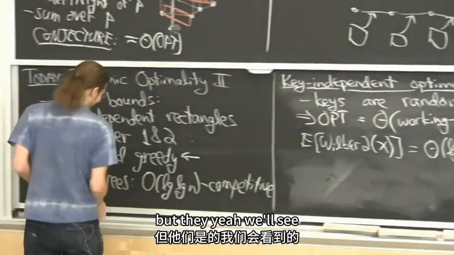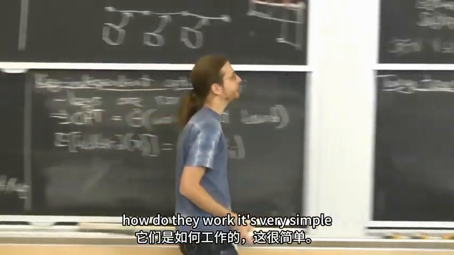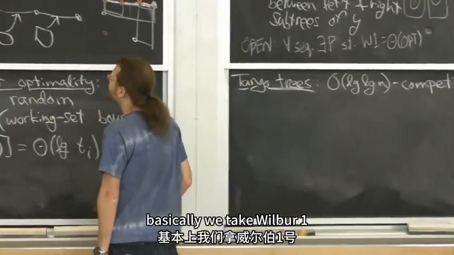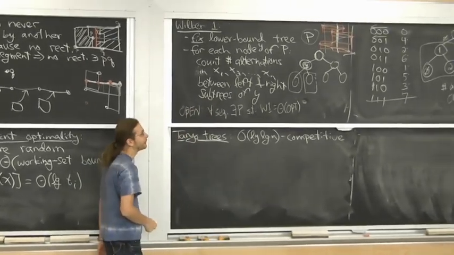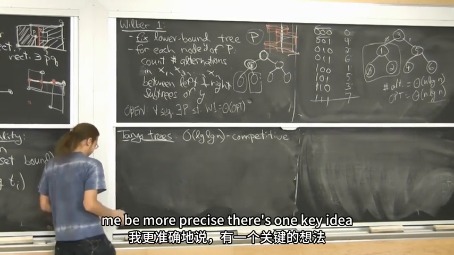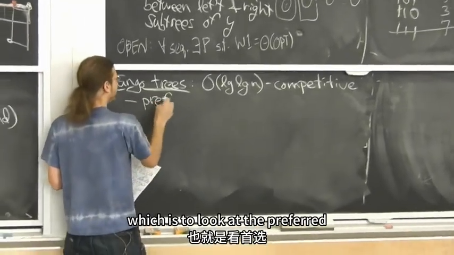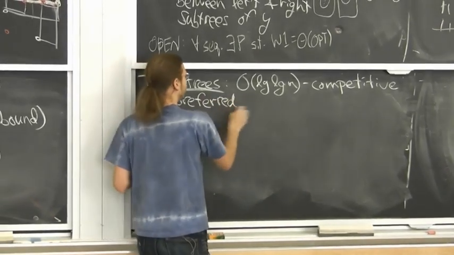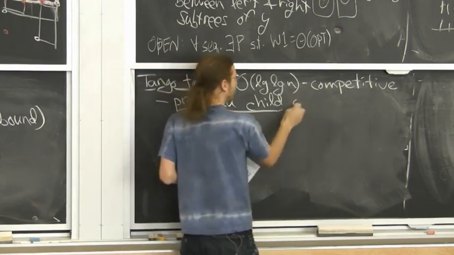But we'll see. So how do they work? It's very simple. Basically, we take Wilbur 1 and we simulate it. So let me be more precise. There's one key idea, which is to look at the preferred child of a node.